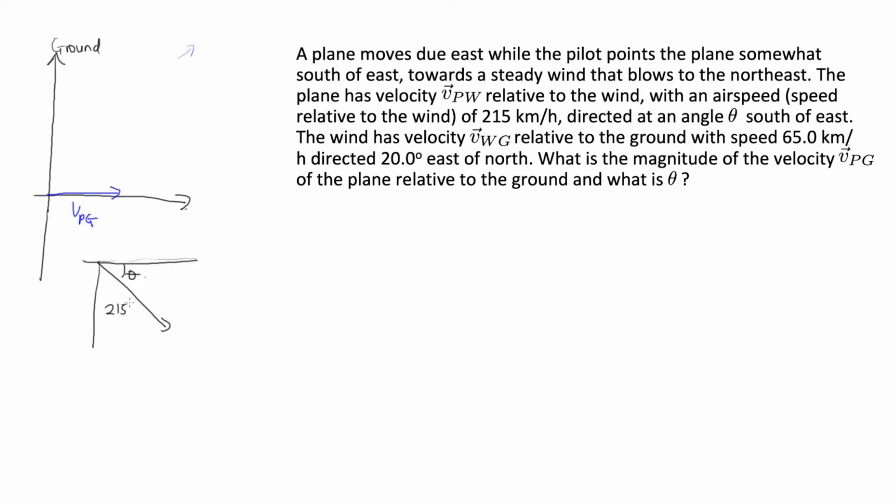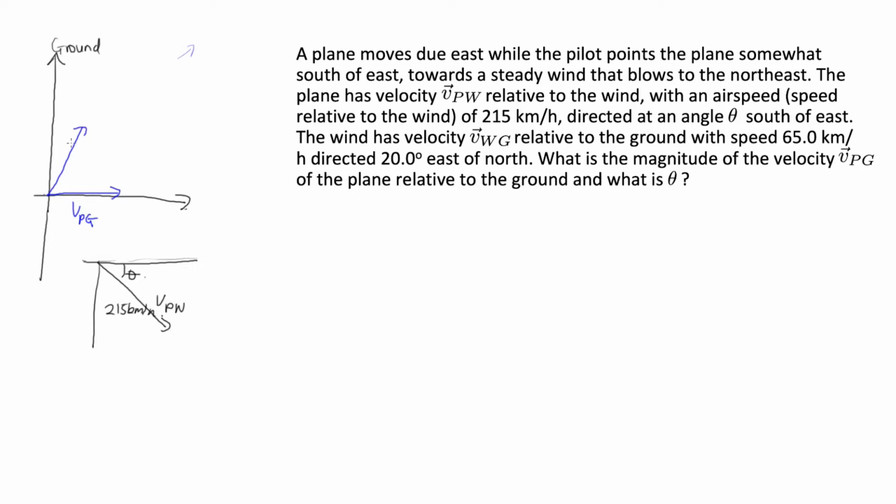This is 215 kilometers per hour, and this is the velocity of the plane relative to the wind. We're also told that the wind has a velocity VWG, of the wind relative to the ground, with a speed of 65 kilometers per hour, directed 20 degrees east of north. Let's draw that on this wind reference frame as well.